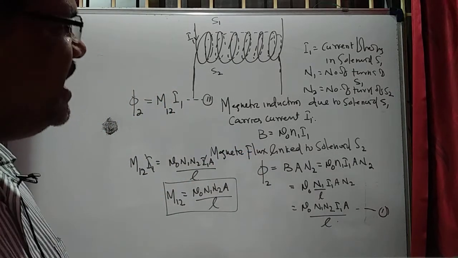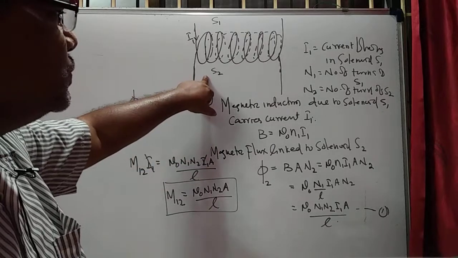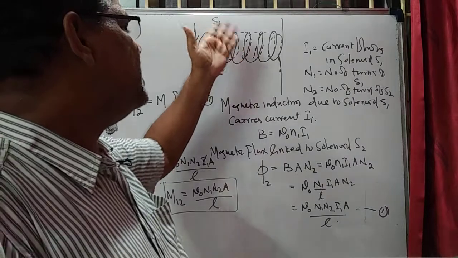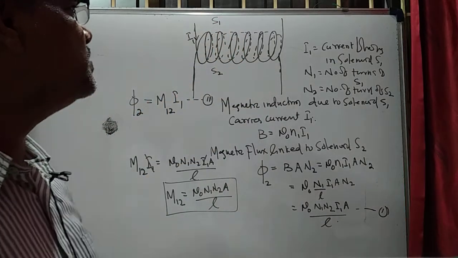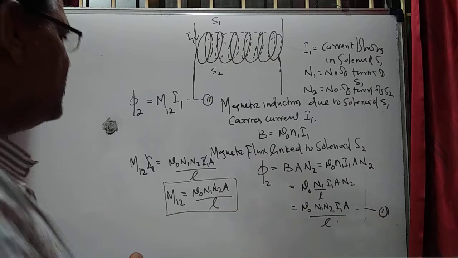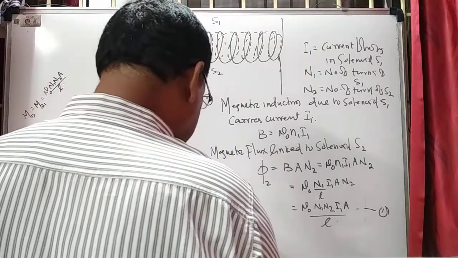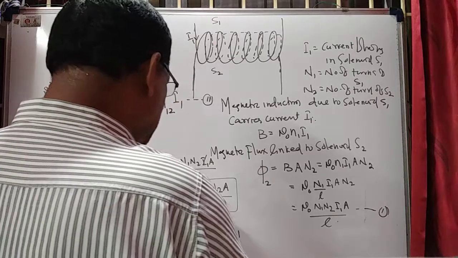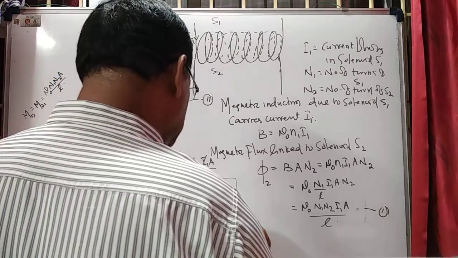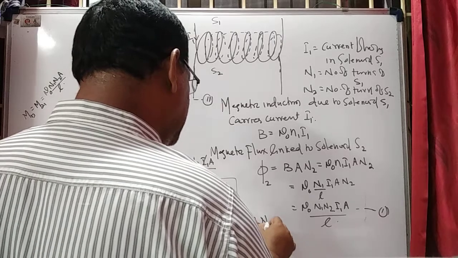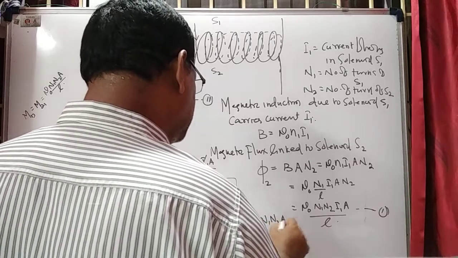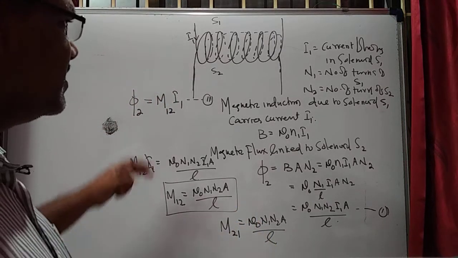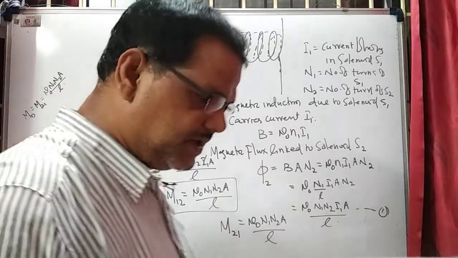Similarly, if the current is flowing in the secondary coil S2, we can find the flux linked to S1, and an induced current will be produced in S1. If you work that out, the mutual inductance of 1 with respect to 2 is also mu naught N1 N2 A upon L. The mutual inductance depends upon the coupling of the coils.